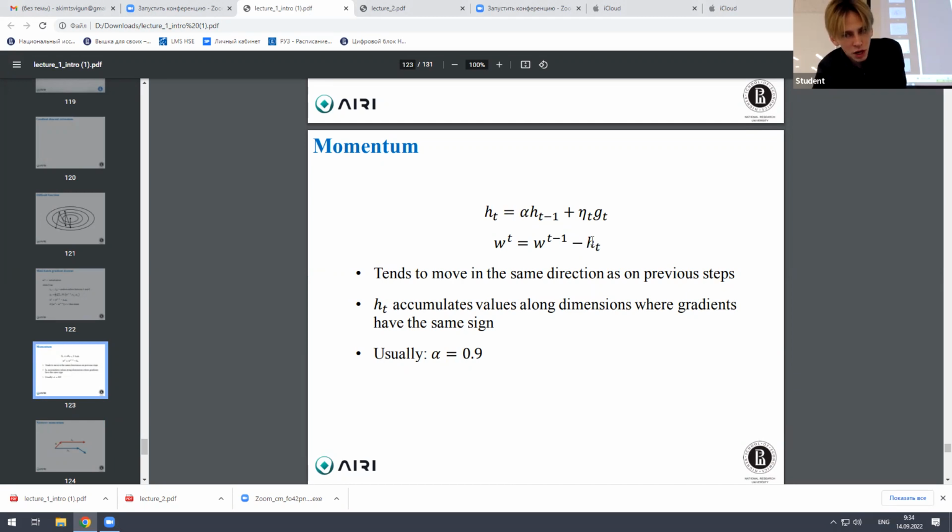Usually we have gt, the gradient on the current step, subtracted here, but now it will be ht, and it's defined by the following formula. With coefficient alpha, we add the previous value, the one which was accumulated during the previous steps.